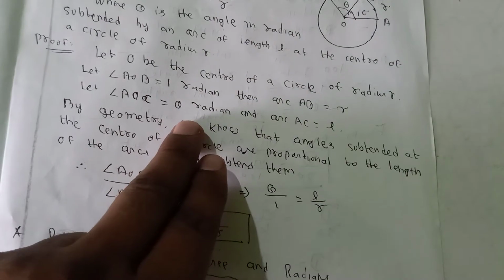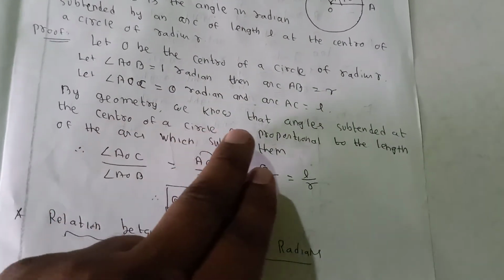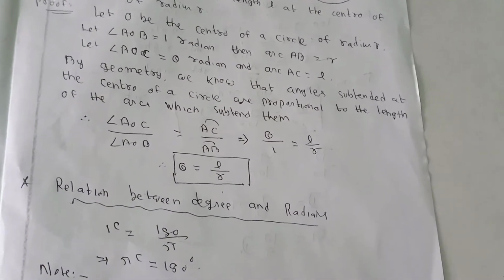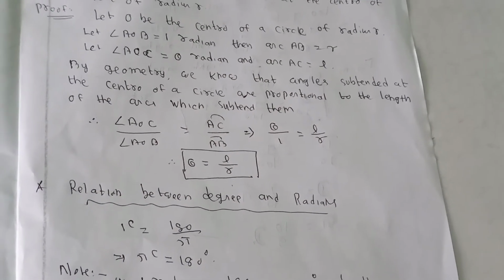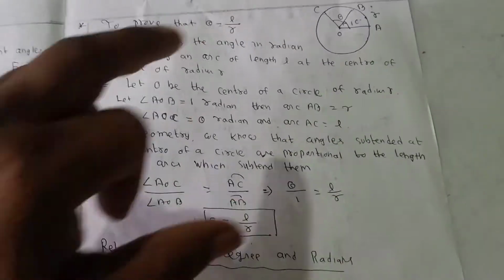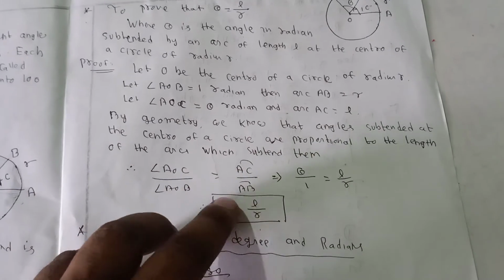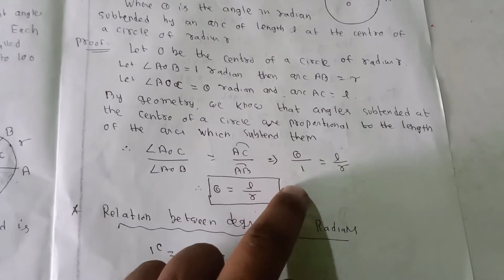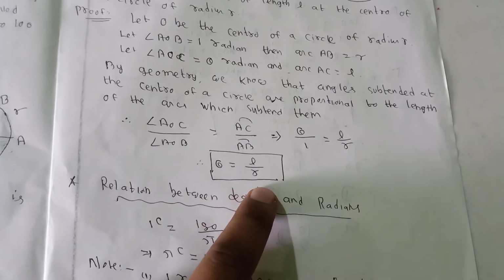Angle AOC is theta radians and arc AC equals L. By geometry, we know that the angles subtended at the center of a circle are proportional to the length of the arc which subtends them. That is, angle AOC by angle AOB equals arc AC by arc AB, which implies theta by 1 equals L by r. Therefore, theta equals L by r.